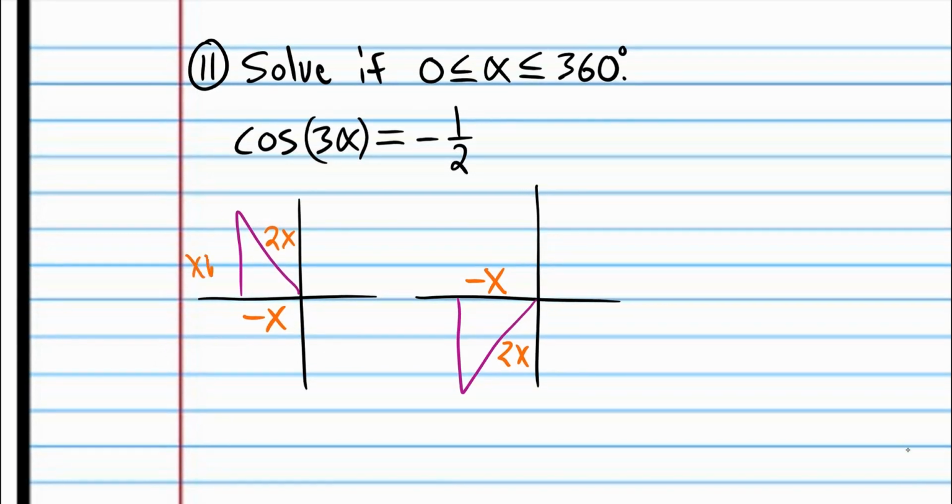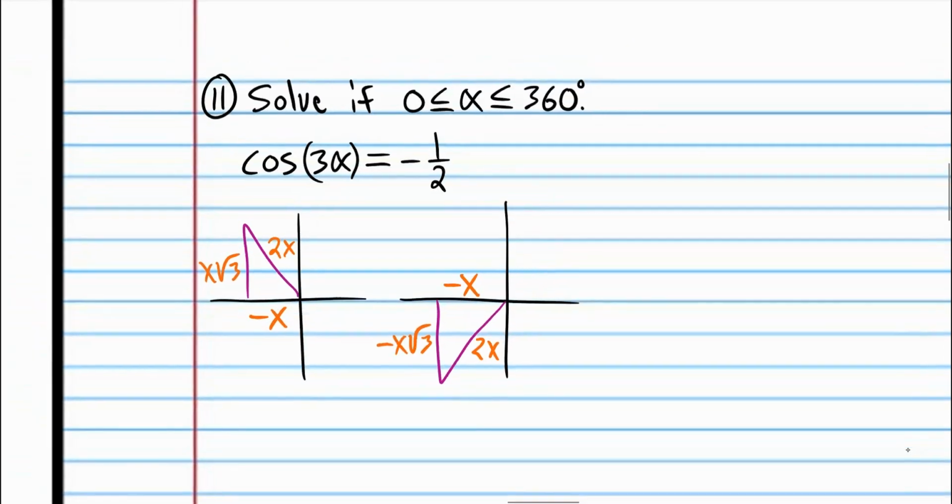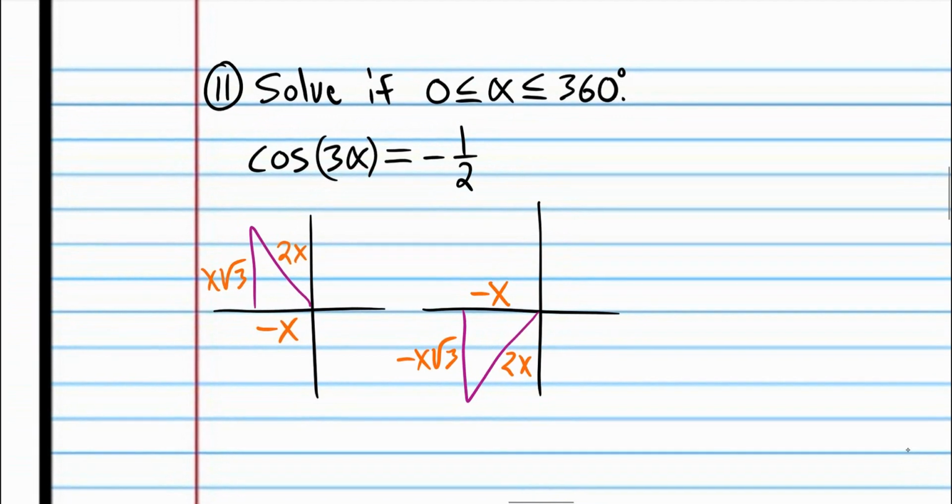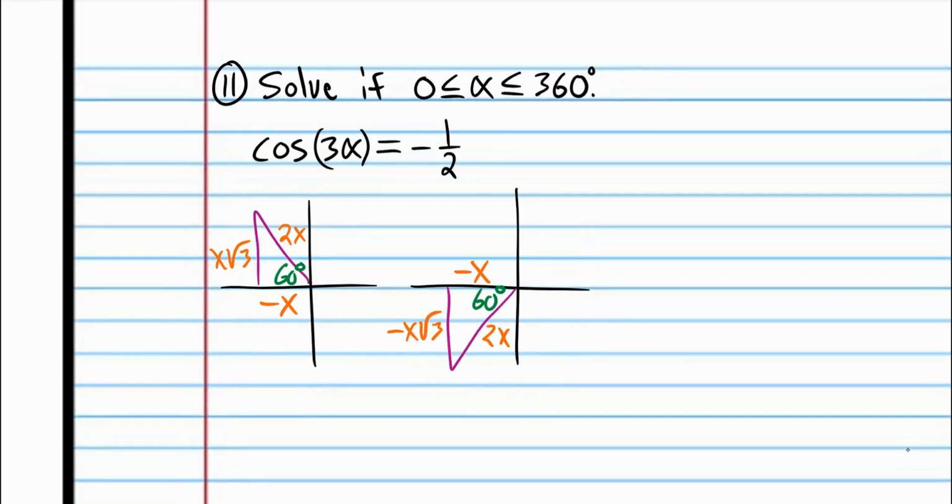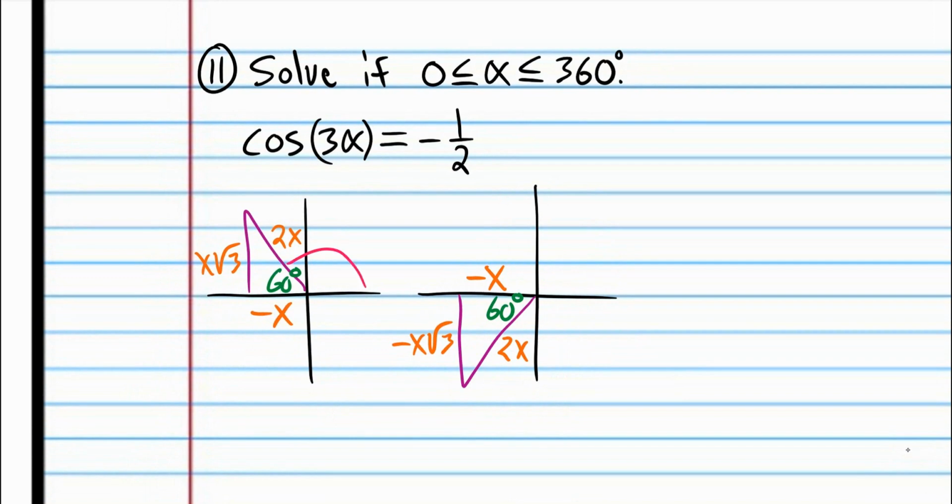So this side must be x root 3, and this side is negative x root 3. Not that we really need that side, though. So the angle opposite root 3 is always 60 degrees. So our first angle is going to be 120, and our second angle is going to be 240.